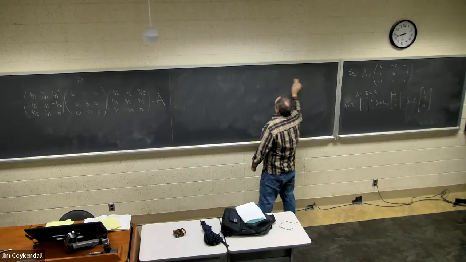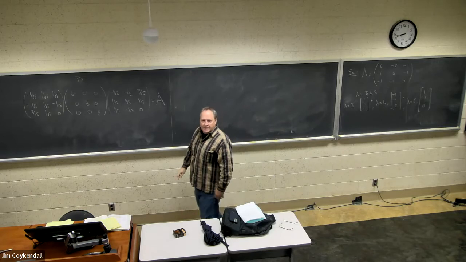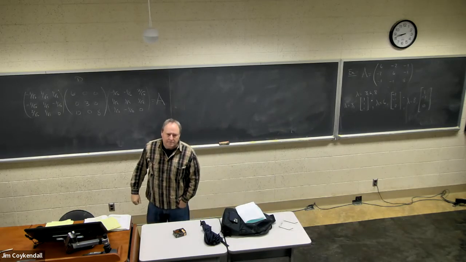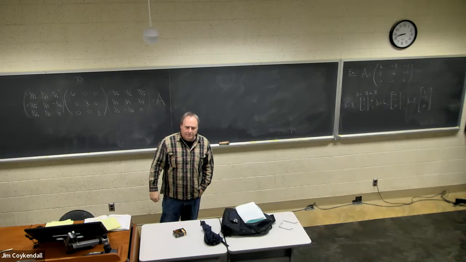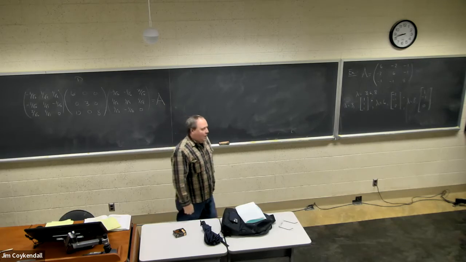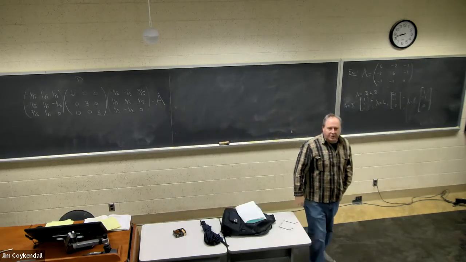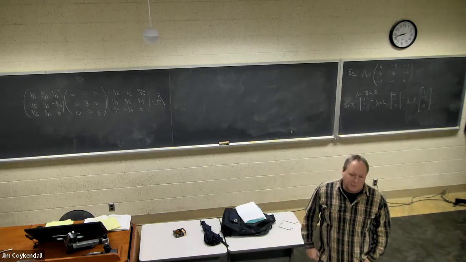Okay. Any questions? Yes. Was there a reason why we spent all that time finding the orthogonal matrix to find the inverse, instead of just finding the inverse using another method? Well, because you can't always just adjust the columns to make something orthogonal.